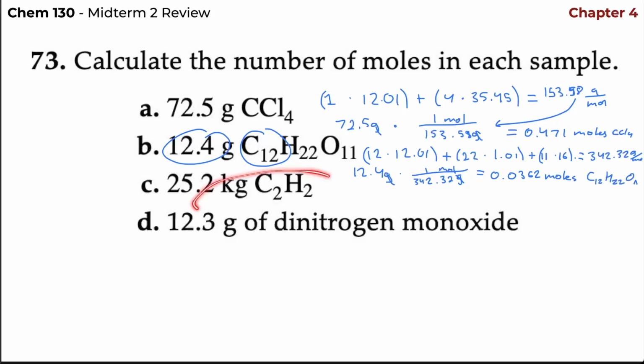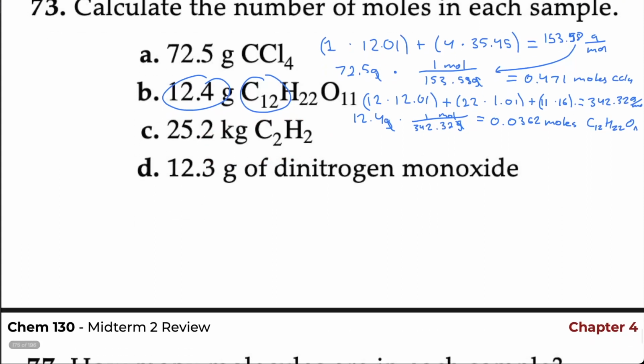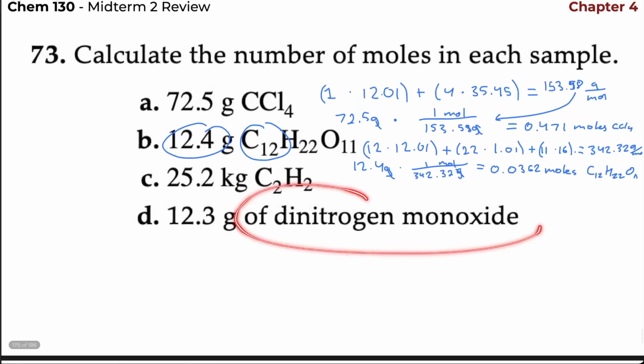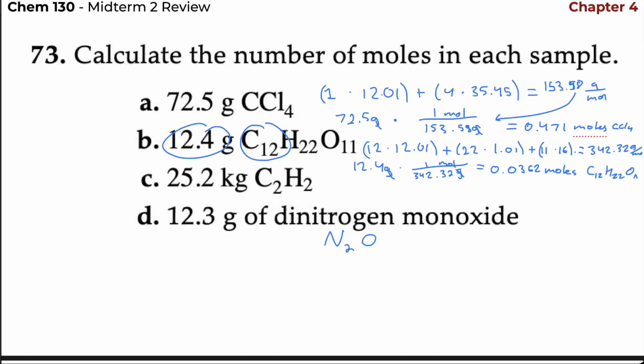Now for this one, you basically do the same thing that we've been doing, except remember this one has a kilogram, so make sure you watch out for that. And for the dinitrogen monoxide, it's a molecular compound, right? So all you gotta do, before doing this one, is turn this into a molecule. This is dinitrogen, and then monoxide, this is N2O, right?